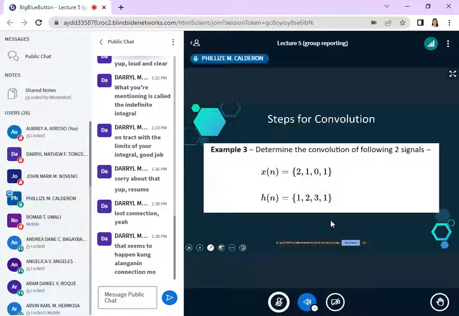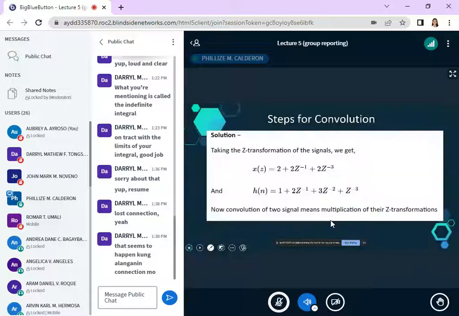So, ganun lang din siya sa ginawa natin kanina, pero iklian na lang natin kasi medyo mahaba pala. So, meron tayong 2, 1, 0, tsaka 1. Then, 1, 2, 3, 1. Gagawin ulit natin yung z-transform natin. So, magiging 2 plus 2z raised to negative 1 plus 2z raised to negative 3.